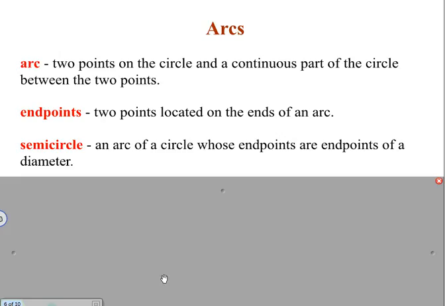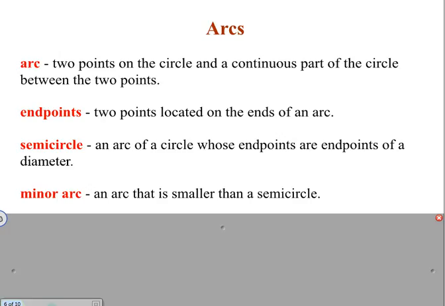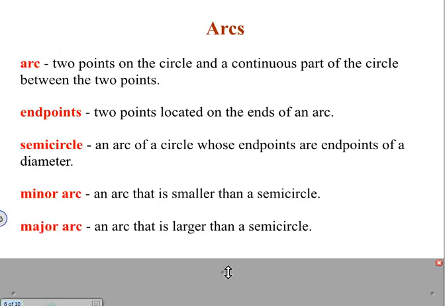A semicircle. An arc of a circle whose endpoints are endpoints of a diameter. Minor arc. An arc that is smaller than a semicircle. And a major arc is an arc that is larger than a semicircle.